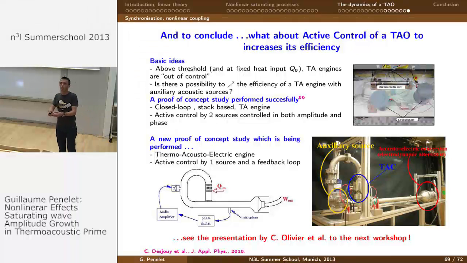So from it we provide electricity. And here you can see that we have an additional acoustic source which is related to a microphone via a phase shifter, and we control the phase. But I won't go into details because Comme-Olivier will make a presentation about these works in the next workshop.